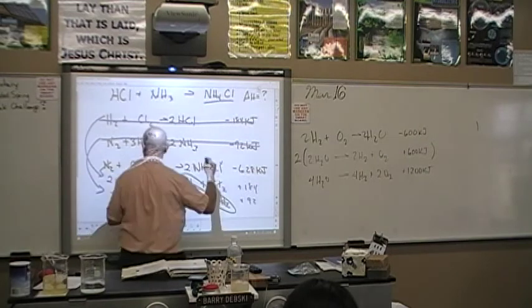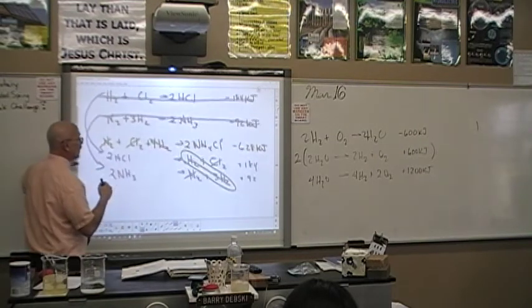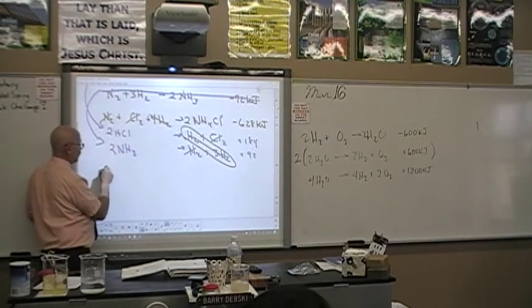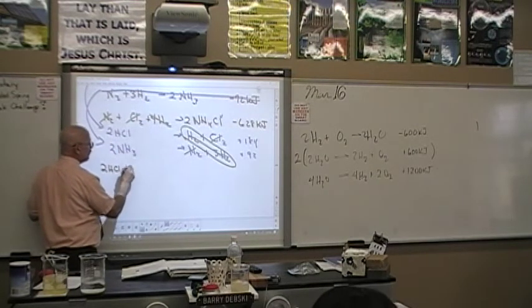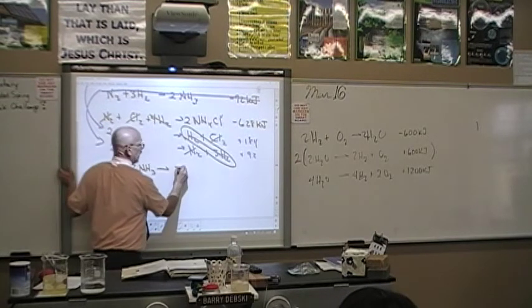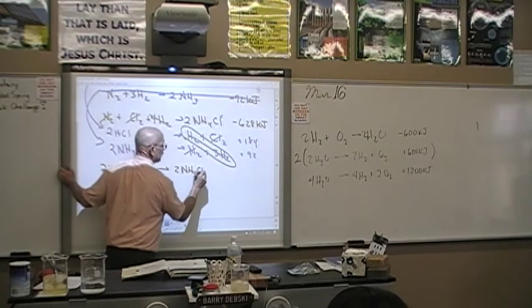Now, here's the deal. Let's rewrite the whole thing. This says 2 HCl plus 2 NH3 produces 2 NH4Cl.